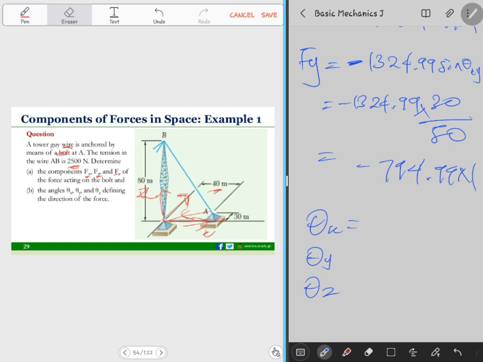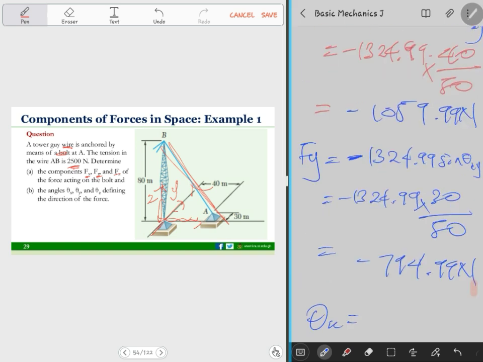Let me clean everything so I will see everything well. Whatever the angle is, it is relative to this one. Even if we made here y, here x, and here z, the axis will just be adjacent to the angle, right?